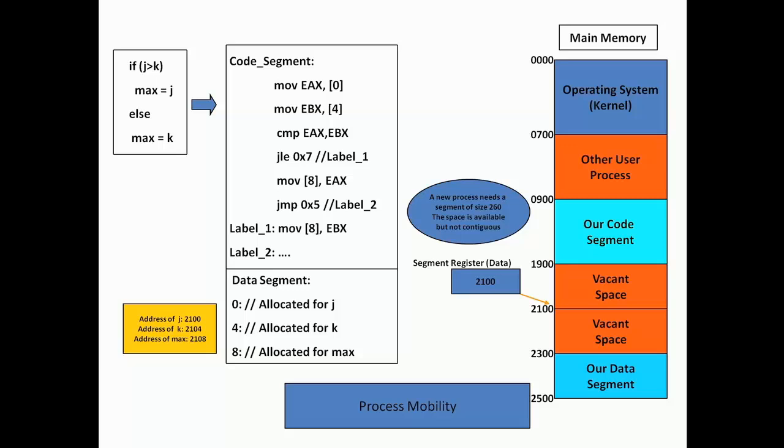Once I copy, that space becomes vacant and collectively now how many bytes do I have as vacant? 400 bytes. Now I can load my 260 byte data. The moment I move this data segment down, then what happens? Where will the new J be stored?